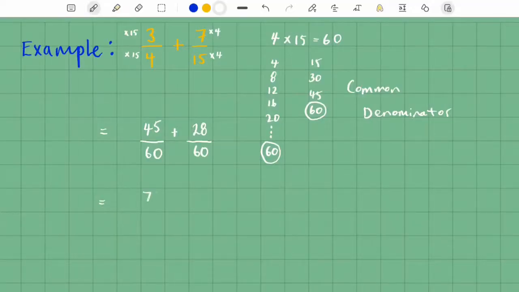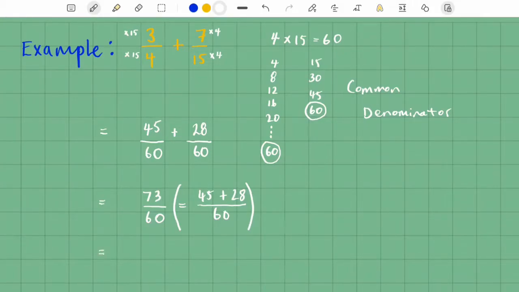So we've got 73 over 60. Now that's the method, because as soon as we have the denominators the same, it just becomes a case of adding the numerators. So that's all we're doing there to get to that 73 over 60.